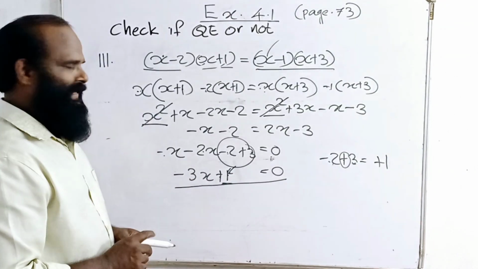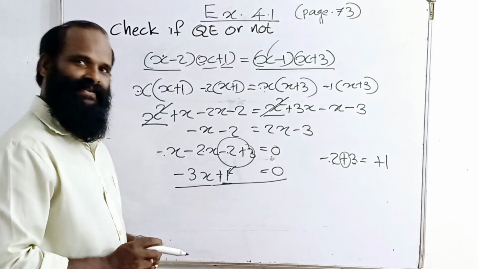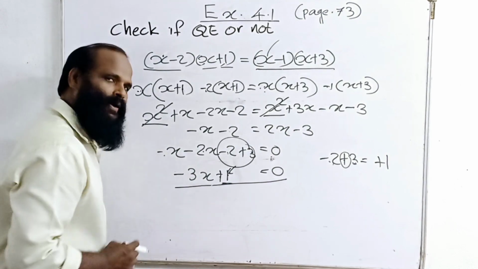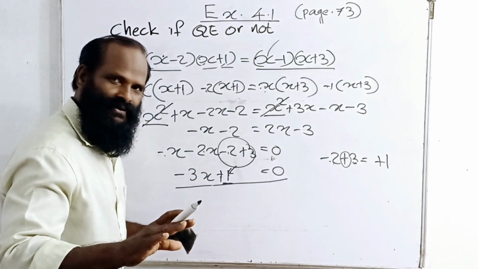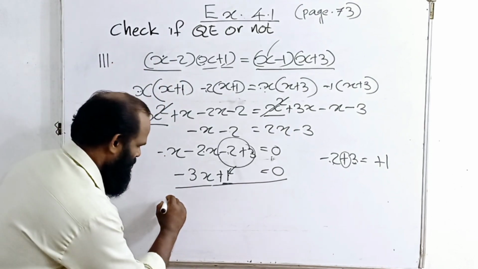Is it in standard form ax square plus bx plus c is equal to 0? Definitely not, because there is no x square. Since there is no x square, it is not a quadratic equation. So we conclude this way.